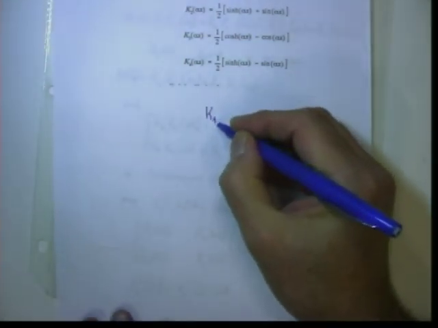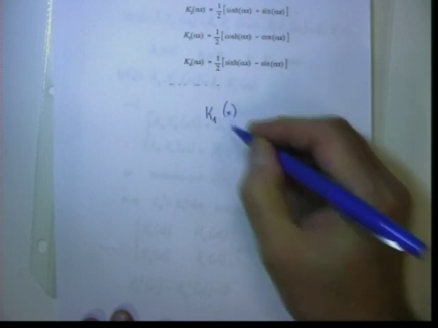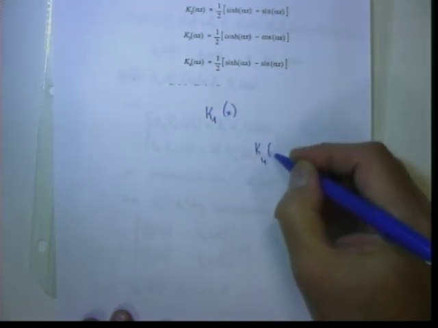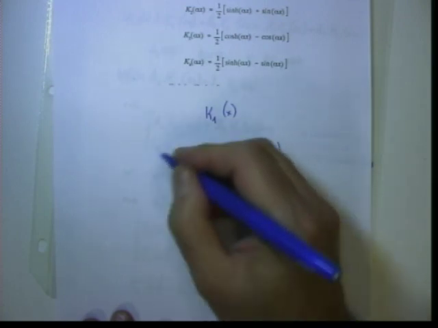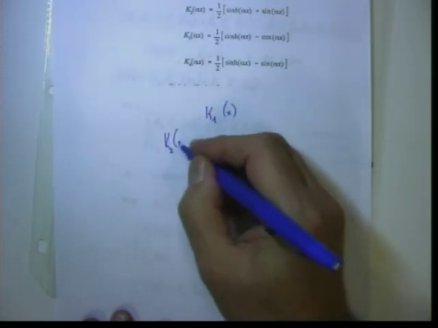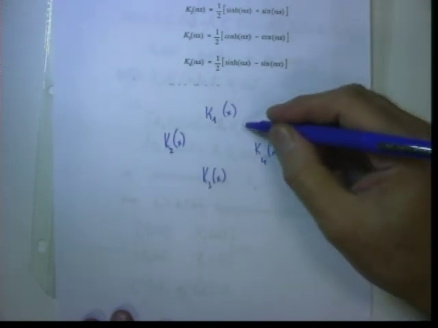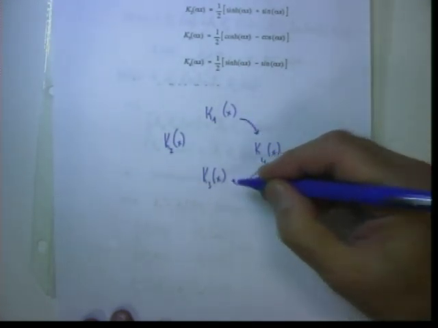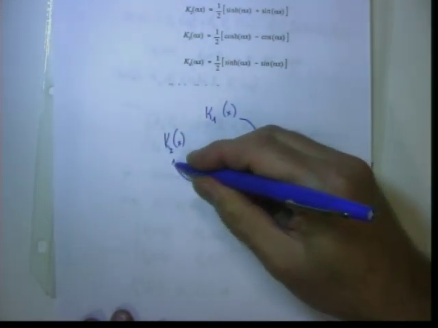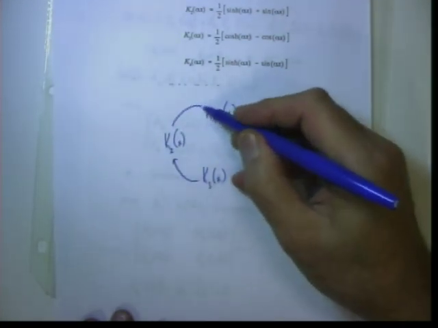We can write here on this page K1(x), then K4(x), K3(x), and K2(x). The derivative of K1 is K4, the derivative of K4 is K3, the derivative of K3 is K2, and the derivative of K2 equals K1.